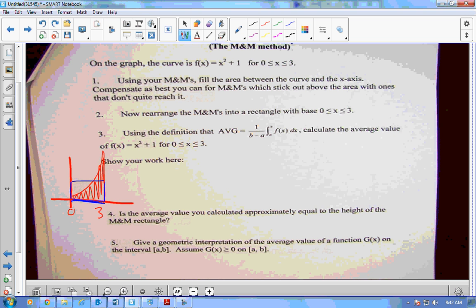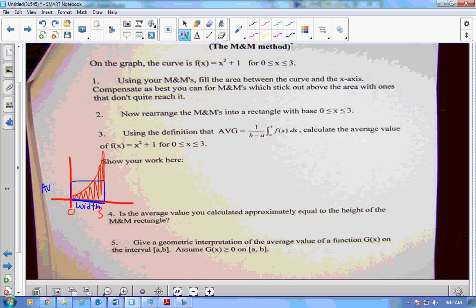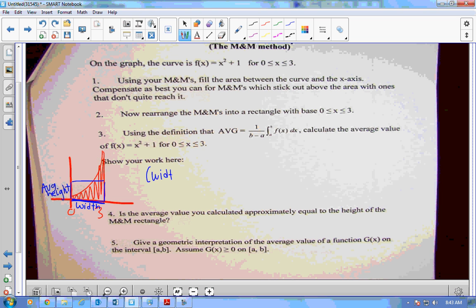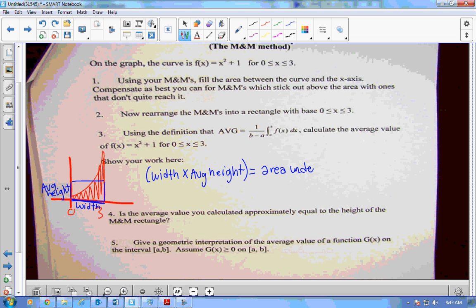So the width times this average height is the exact same as the area under the curve.